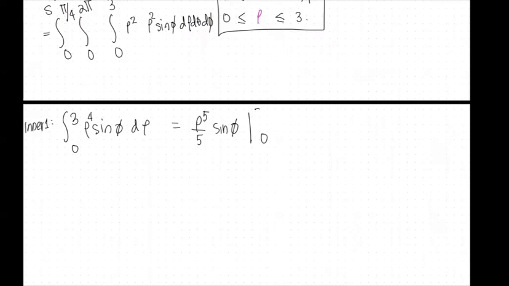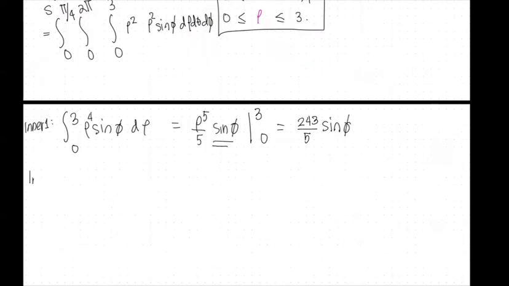So we get 3 raised to 5, which is 243. I don't know if you can do that as fast, but in case you are in the exam, you just put 3 raised to 5. It's okay. 3 raised to 5 is 243 sine of phi, since phi is fixed.